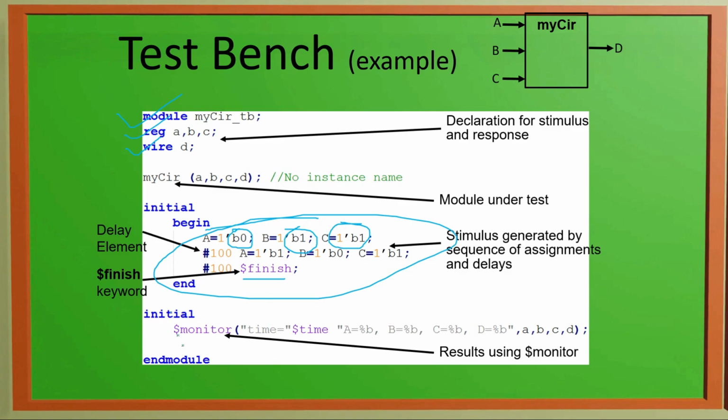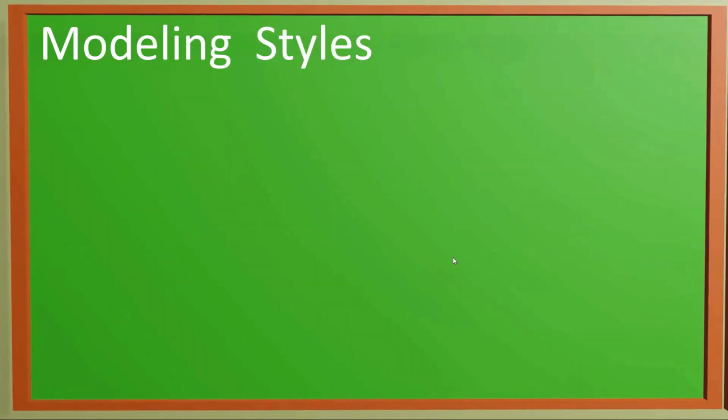This is for the waveforms of input. The next initial will define the output, what we will get at the output waveforms. So there will be A, B, C and D, all the inputs and outputs, with %b, %b, %b. That means all the inputs and outputs are binary. So like this we define the test bench.